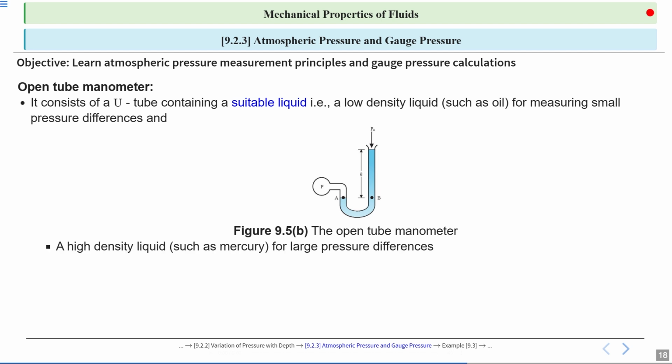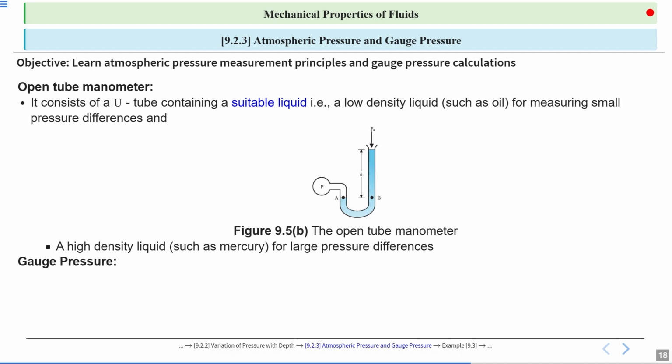So, for larger pressure differences, a high density liquid such as mercury is used. Mercury's high density means that even small changes in pressure result in noticeable changes in the liquid's height, making it ideal for these measurements.